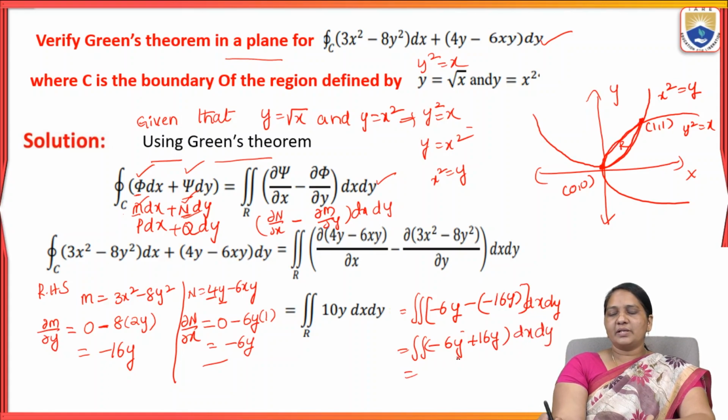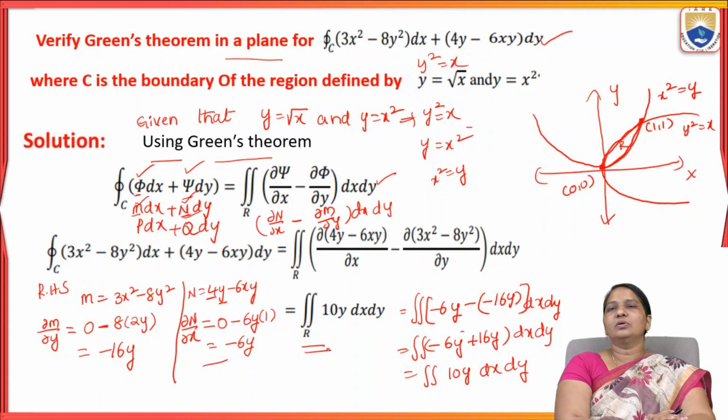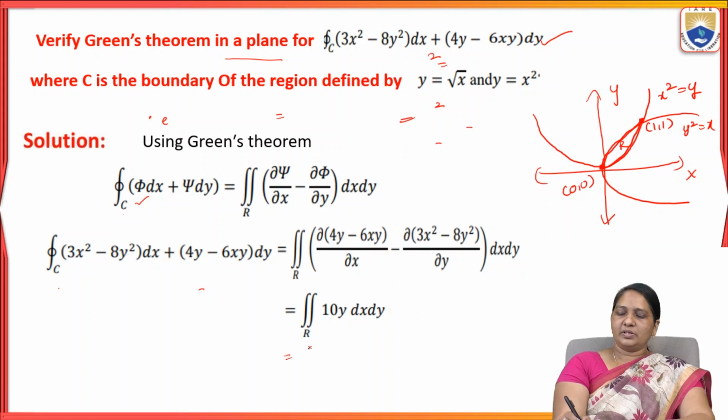Here minus 6y plus 16y is nothing but 10y dx dy. So this is the value, 10y dx dy. Now we are going to simplify. If you want to evaluate this integral, we should know the limits of x and y. So now this double integral of 10y dx dy.